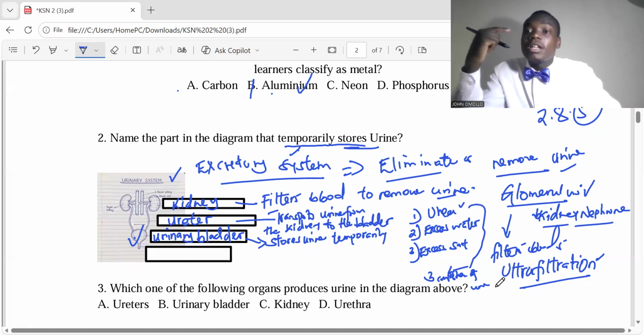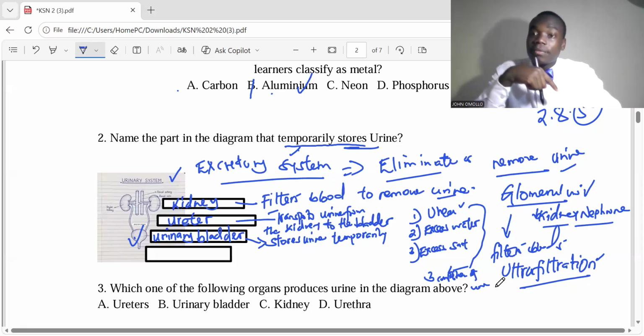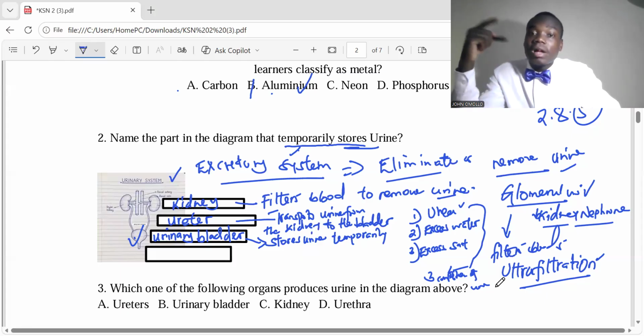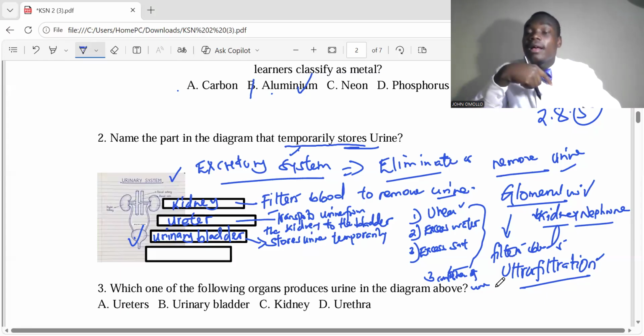So it is the brain that is being triggered. Remember, there is communication within your body. The messengers, there is information that is being sent. The center of information is the brain. So the brain knows that the bladder is full of urine. So it sends a signal to the urinary system, right to the bladder.